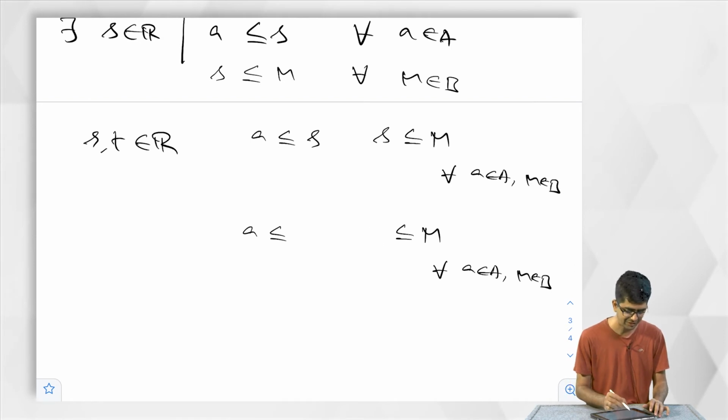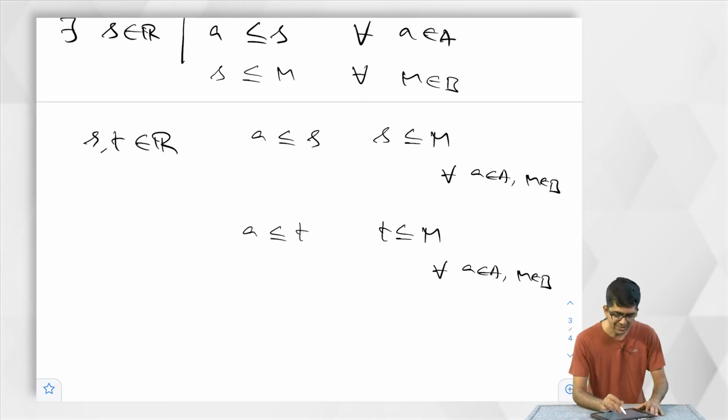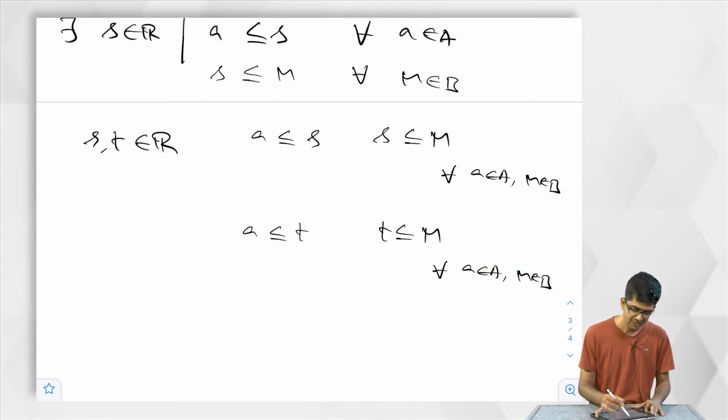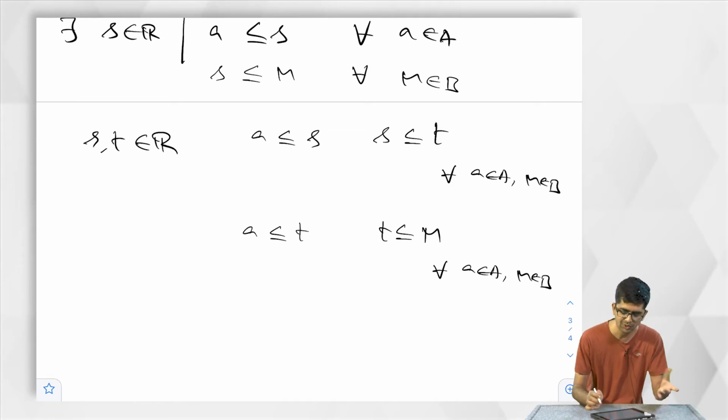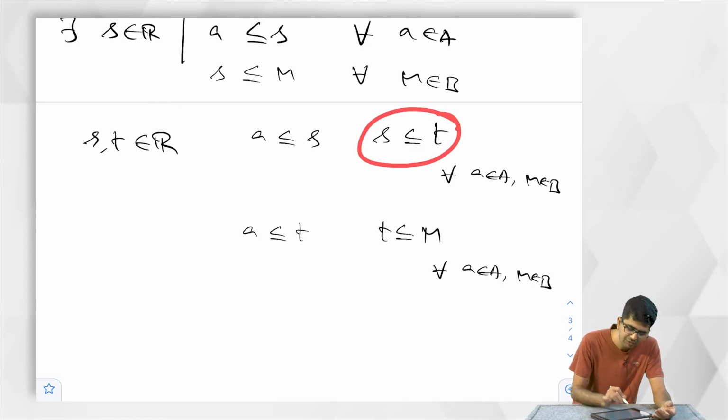T also has the same property. Let us assume that there may be two elements. Now, see this T is also an element of B because this is what we have. So, in particular, what I said just now, for every M belongs to B, S is less than or equal to M. In particular, T is also an element of B. So, this is what we have.